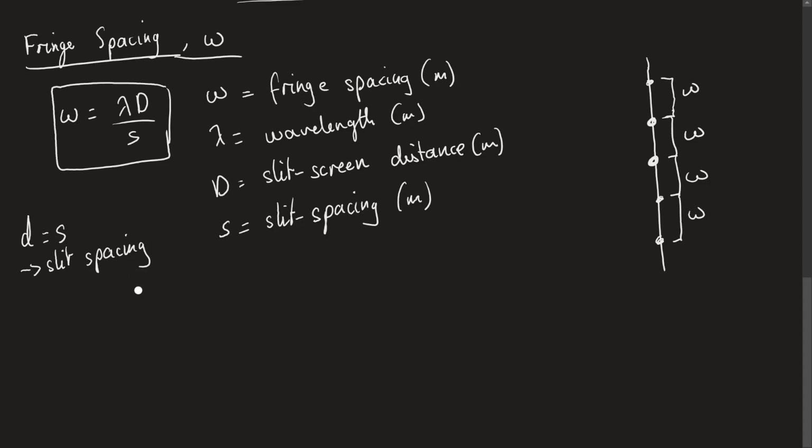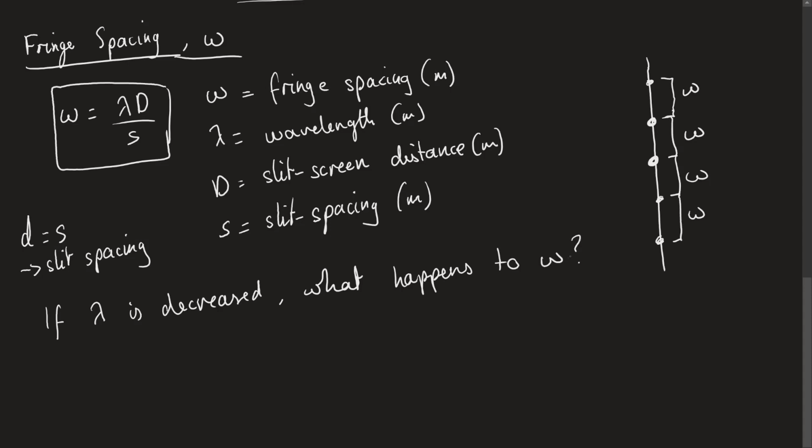The common thing that they can ask with this equation is mostly, if we make this change, what happens to this? So they might say, if the wavelength is decreased, what happens to the fringe spacing? What happens to W?